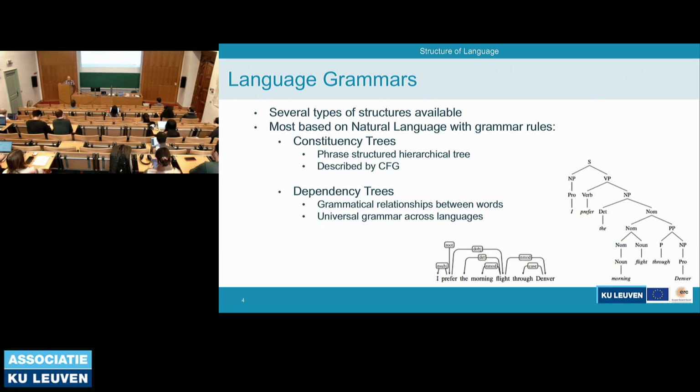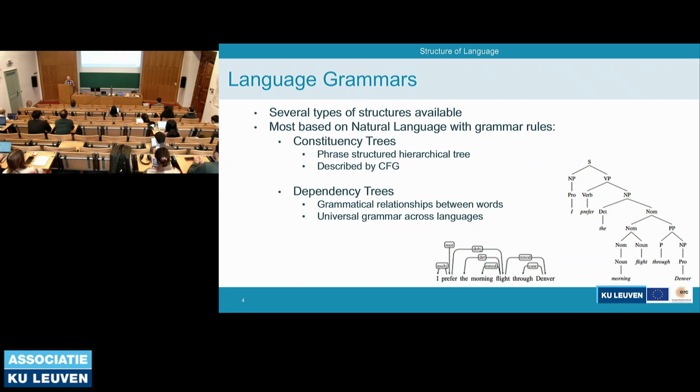There are two main grammars and definitions that are used. The first are the constituency trees, which we see here on the right, where we group our words into phrases, such as noun phrases, and we hierarchically expand our sentence from these phrases up to words to group them into pairs and groups.